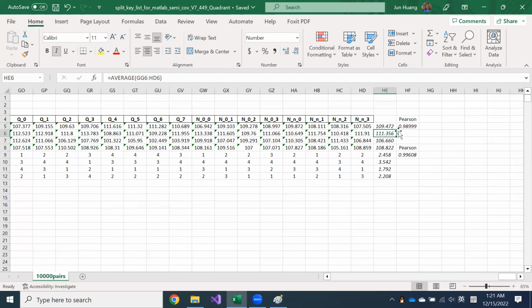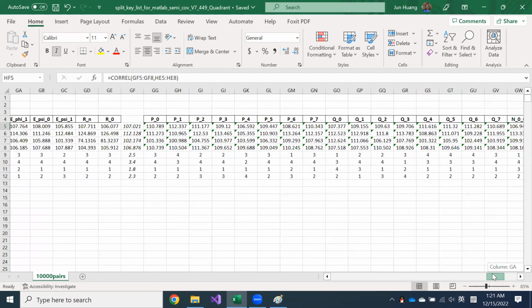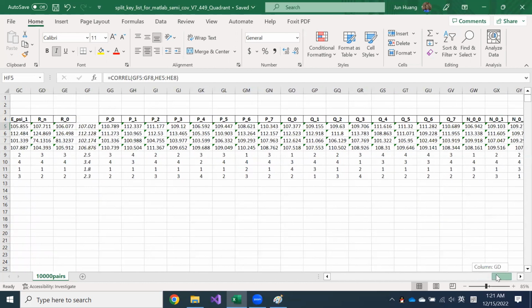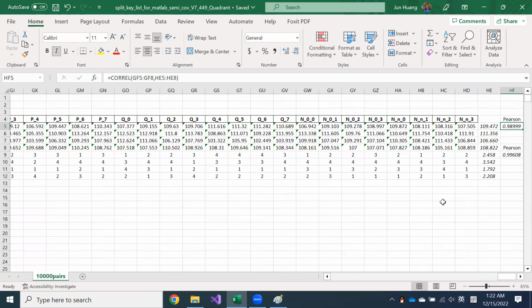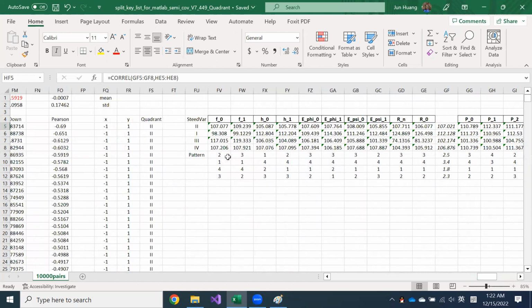And then we calculate the correlation between these two averages, the input and output, and we find a Pearson correlation of 0.98999. This means the variance of the private key and public key is almost 100% correlated.